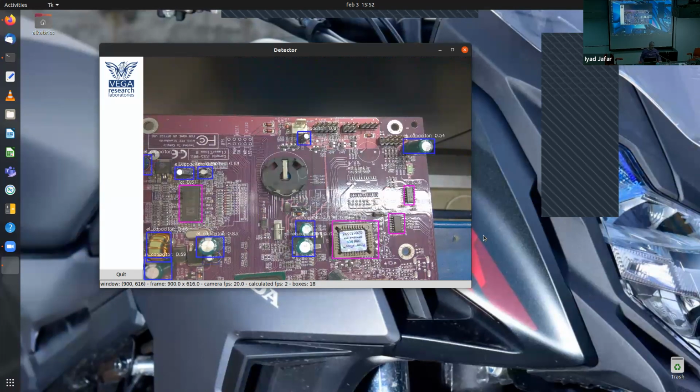Since, as you said, in an industrial environment the distance would be fixed. Yes, definitely, you have the training images at the same distance. Absolutely, I definitely agree with you.